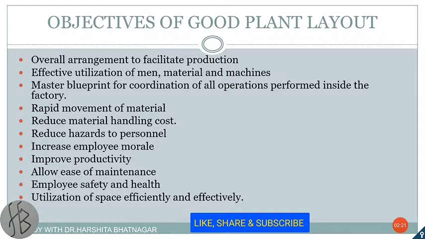It reduces material handling cost, reduces hazards to the personnel, increases employee morale, improves productivity, allows ease of maintenance, ensures employee safety and health, and utilizes space effectively as well as efficiently. So these are the important objectives a good plant layout should fulfill.